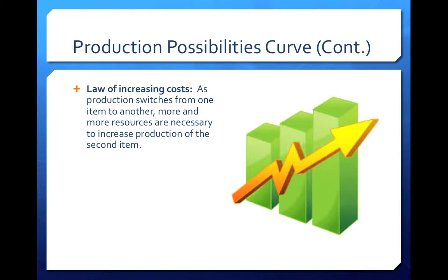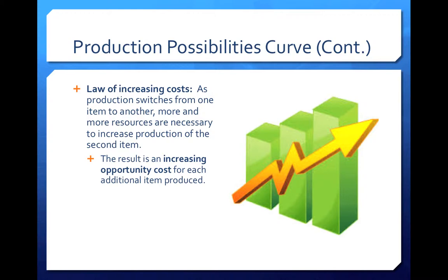There is a notion of the law of increasing costs that goes along with the idea of the production possibilities curve. As production switches from one item to another, more and more resources are needed to increase production of the second item. Why?